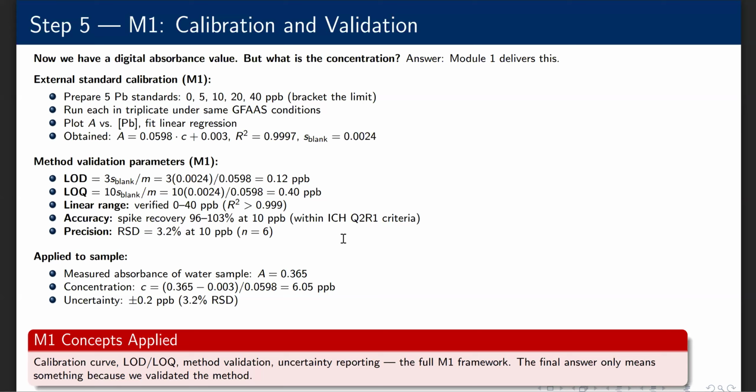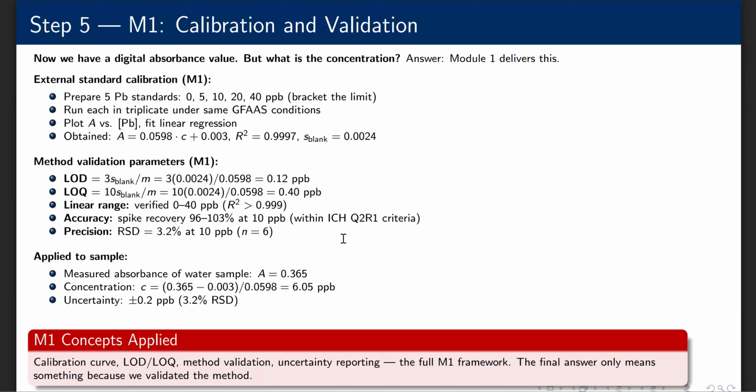So we applied this to the water sample. We measured the absorbance as 0.365, so concentration equals 0.365 minus 0.003 divided by 0.0598, which gives us 6.05 ppb, with 3.2% RSD. The uncertainty is plus or minus 0.2 ppb. Okay, so we've applied several concepts there from module 1.